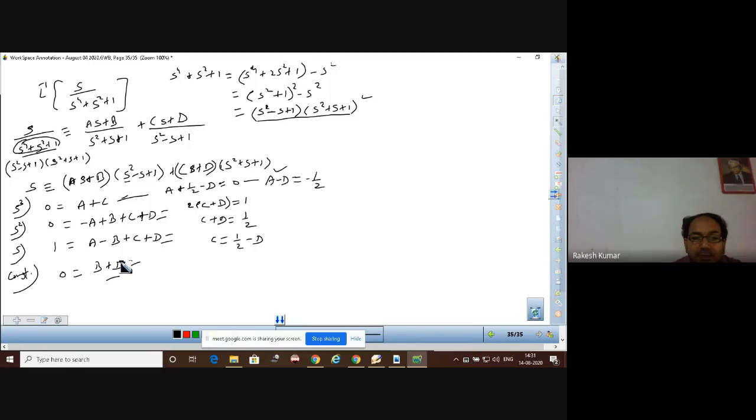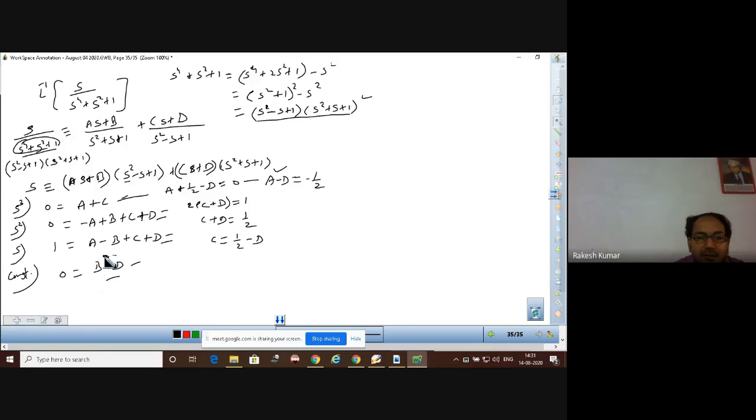I think that will be the better option. The value of this comes out to be C plus D, and this comes out to be A and B. Equation in A and B: A minus D is equal to minus 1 by 2, and B plus D is equal to 0.